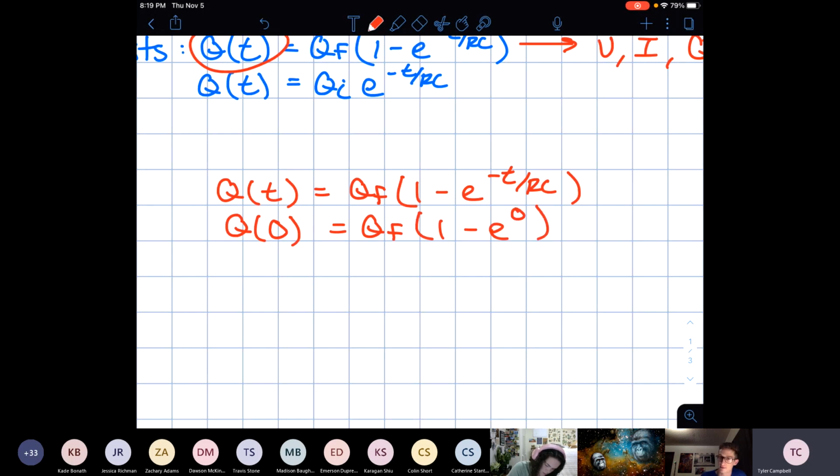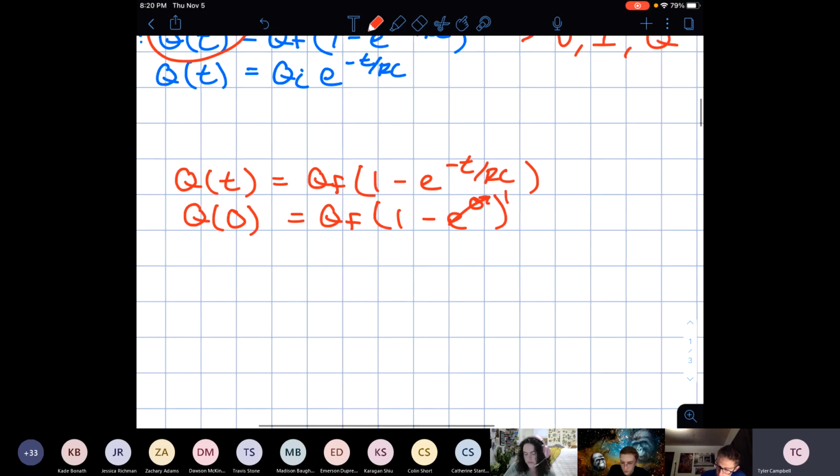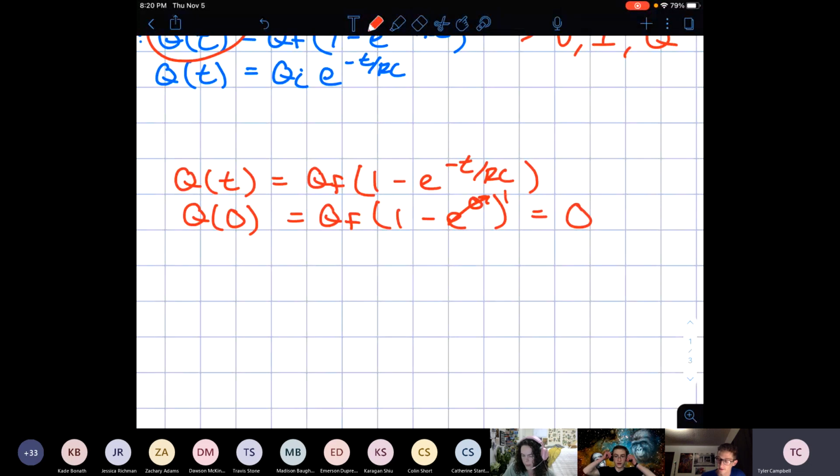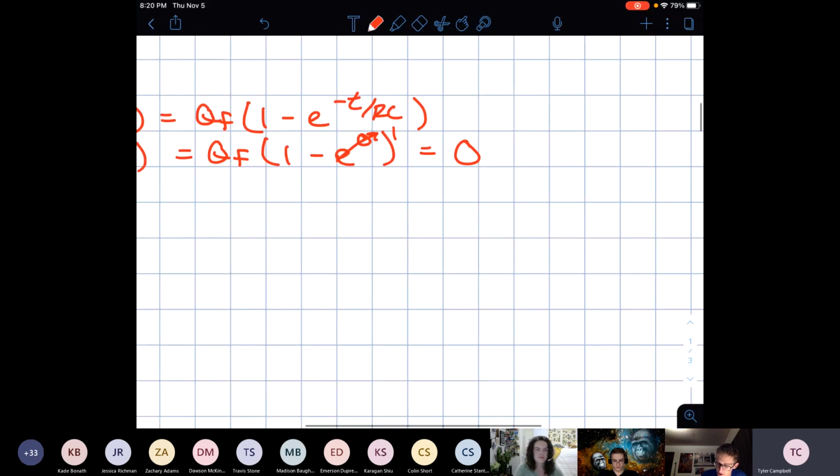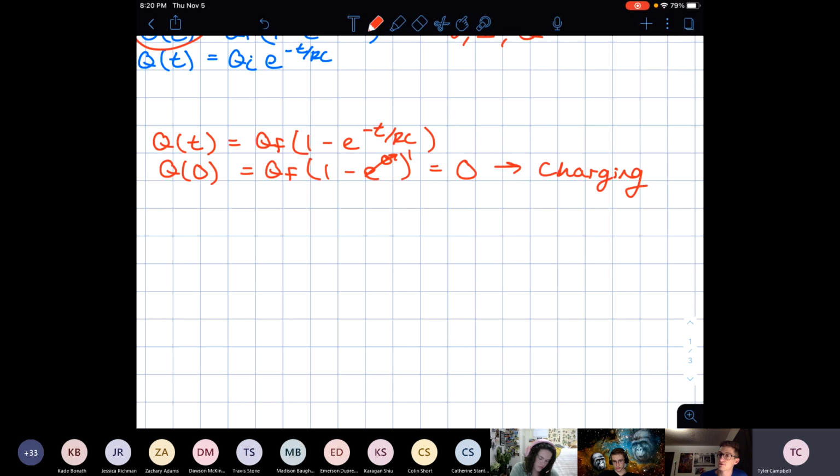Anything to the 0 power is 1, so in the parentheses I have 1 minus 1, which is 0. So at t equals 0 I have no charge, meaning this is the charging equation. As time increases, I keep collecting charge on the surfaces of my capacitor plates. Does that mini proof make sense?